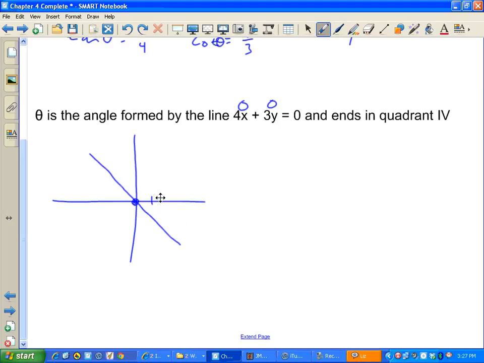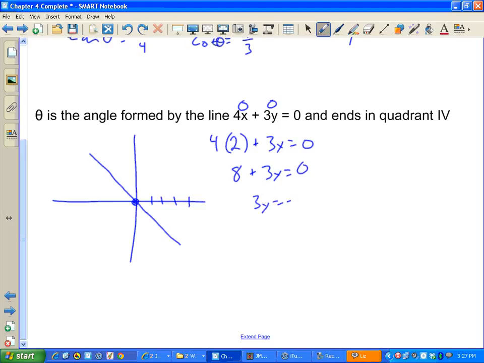So all I need to do is pick an x value that's over here, and that's going to give me a value in this quadrant. So we can pick any x value. Let's pick 2. Okay? So if I put 2 in the place of x here and solve, I'm going to get 8 plus 3y equals 0.